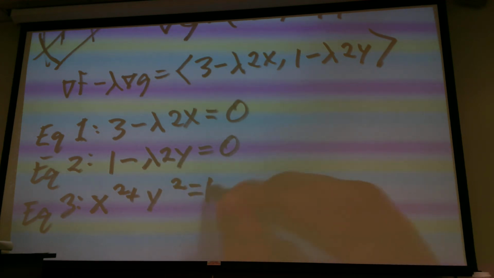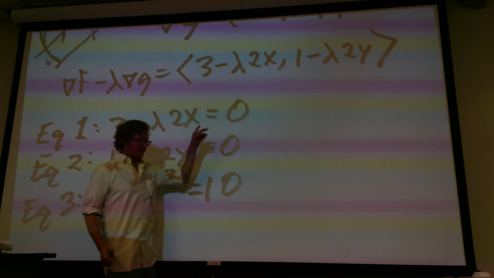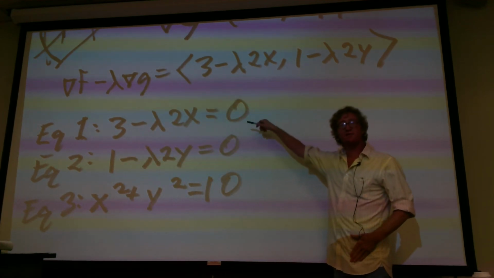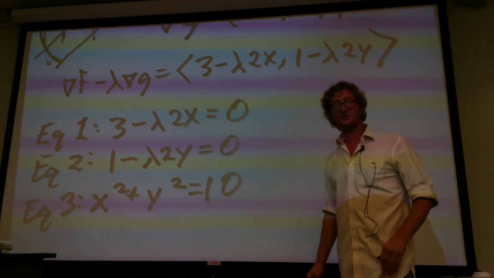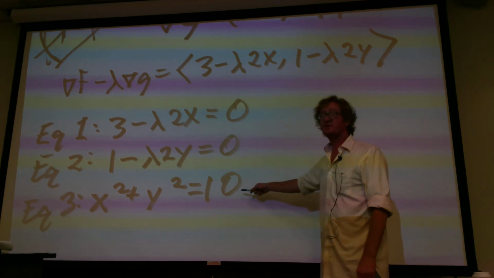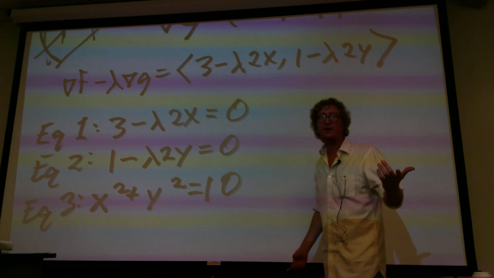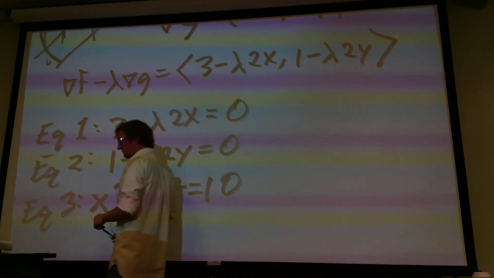Okay? So these two equations come from the gradient of f minus lambda times the gradient of g, meaning that we're looking for the Lagrange multiplier. And the third equation is our constraint, meaning that it has to satisfy this property right here because that's the constraint, okay? So now we're going to solve for lambda.